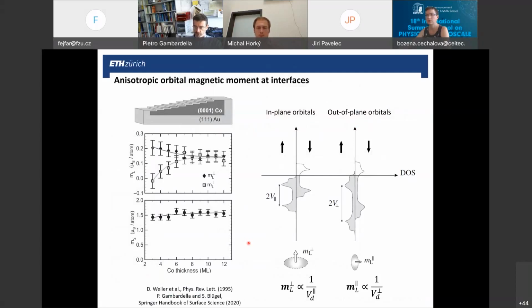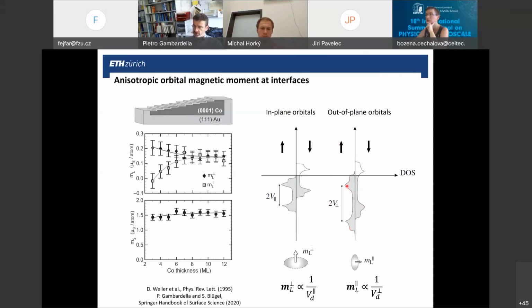Here I show that also in thin films, the orbital magnetic moment can be anisotropic. Okay, this is essentially because of the different hybridization of the cobalt wave functions at the interface with a gold substrate. So this leads to a larger hybridization between cobalt and gold orbitals, which spreads the bands formed by the orbitals that have out-of-plane symmetry.